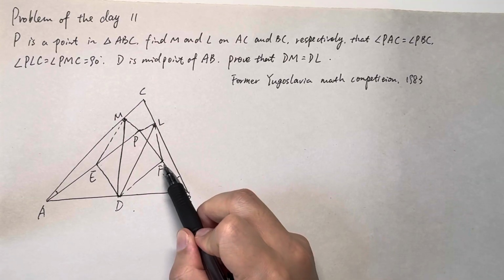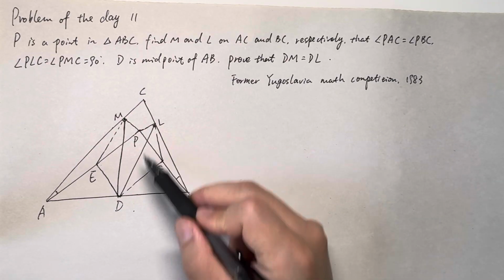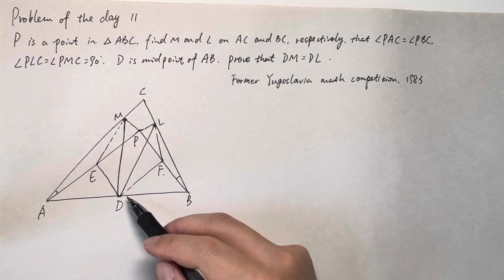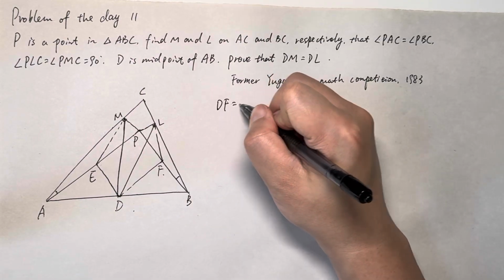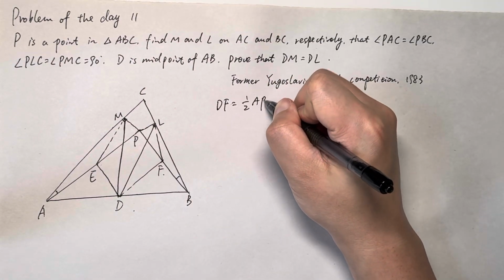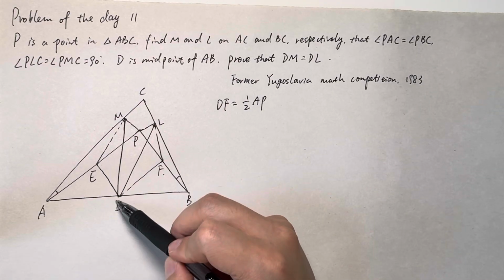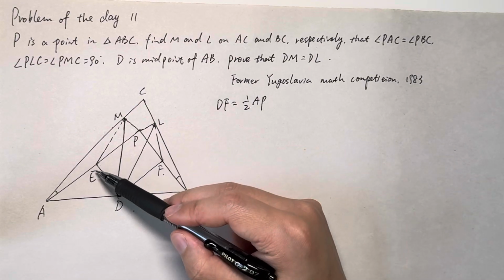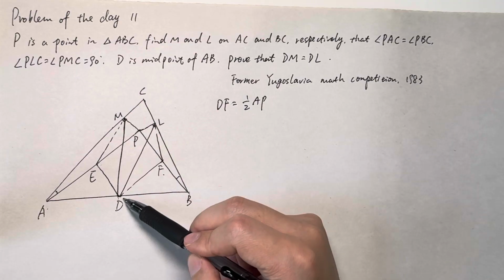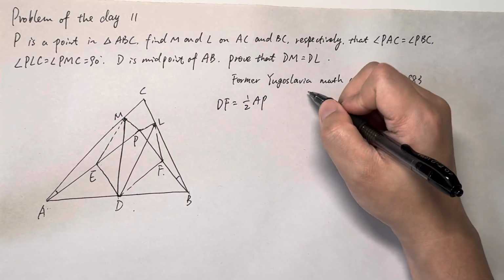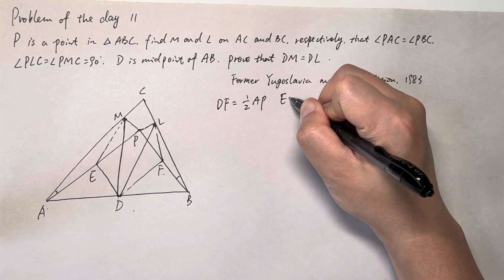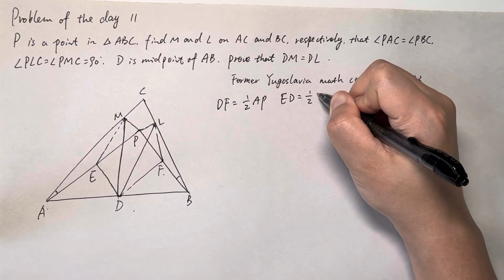Because F is a midpoint of BP and D is midpoint of AB, we know that DF equals half of AP. And because E is a midpoint of AP and D is a midpoint of AB, we know that ED equals half of BP.